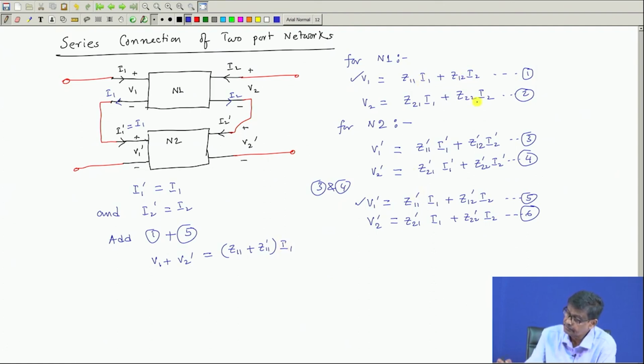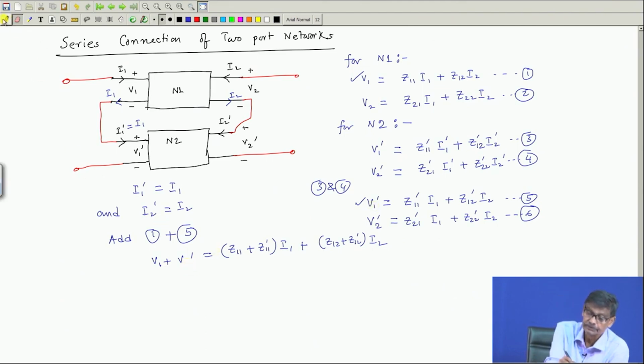Similarly, this term and this term added up, so plus Z 12 plus Z 12 dashed into I 2, that is what I will get. Have I written something wrong? Yeah, I have written. So, this is V 1 plus V 1 dashed.